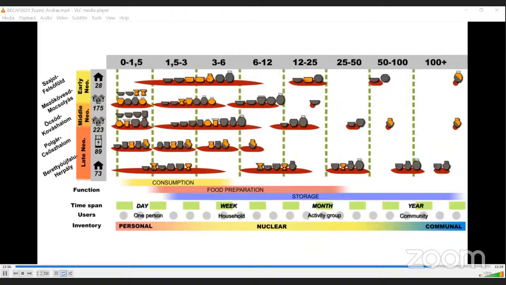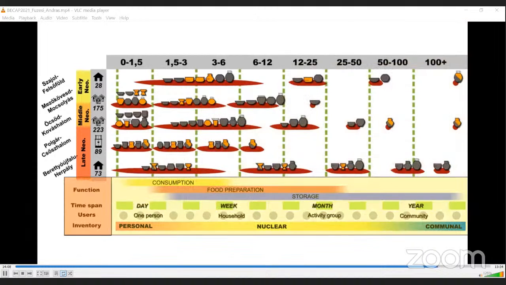Despite local differences, certain basic categories can be outlined. By supplementing the size ranges with data on the function and service life of the vessels, we can distinguish 3 large groups for the inventories without the exceptional category of miniature vessels, which is omitted from the study.